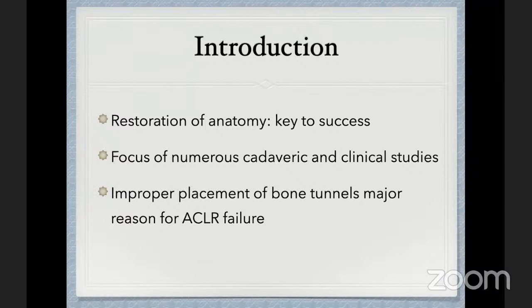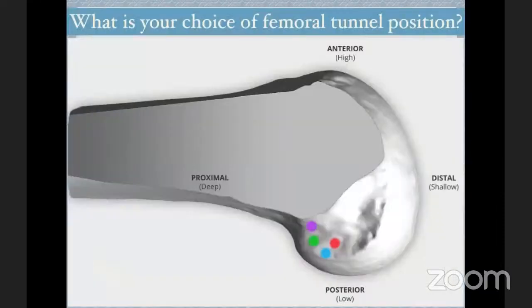If there is improper placement of any of the bony tunnels, that is a major reason for ACL failure. Before I begin my talk, I would ask you all to write down on a paper, or just remember in your mind, what is your choice of femoral tunnel position that you've been using. After this talk, maybe we can revise and see how it has helped you.